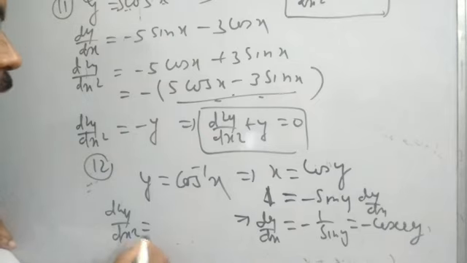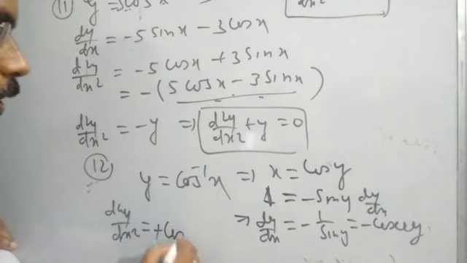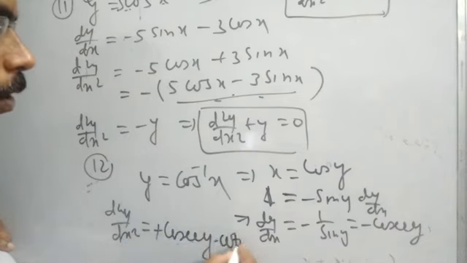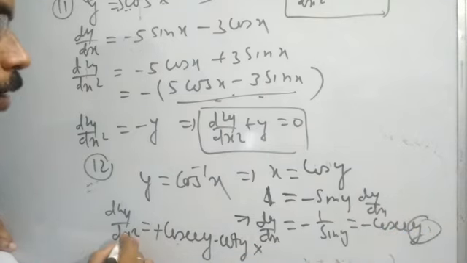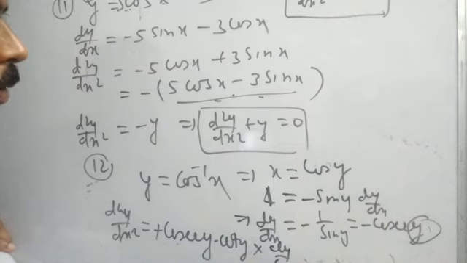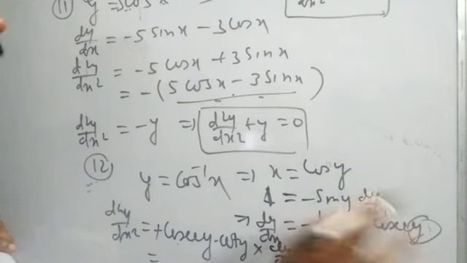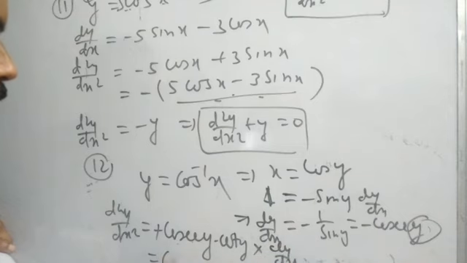To find d2y/dx2, differentiate it: minus the derivative of cosec y, which is minus cosec y cot y. Again, as it is a function of y but we have to differentiate with respect to x, you have to multiply by dy/dx, that is minus cosec y. So cosec y cot y into minus cosec y gives minus cosec square y cot y. That is the answer.